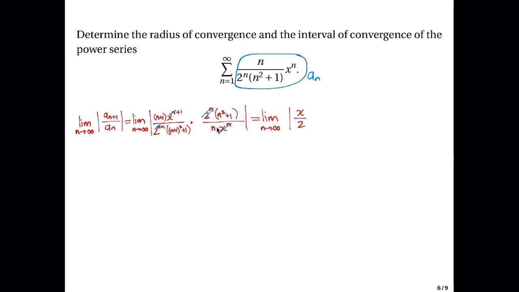So we will have n plus 1, n squared plus 1 divided by n times n plus 1 quantity squared plus 1 in absolute values. Close parenthesis here.